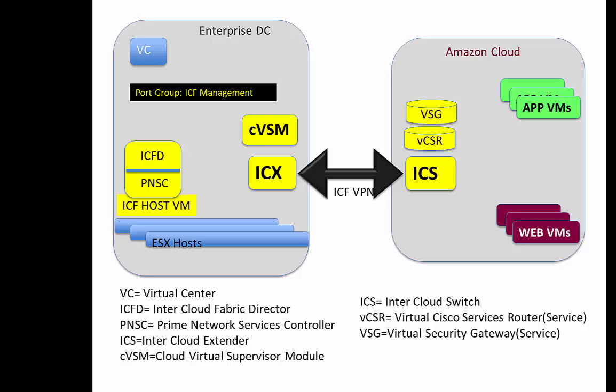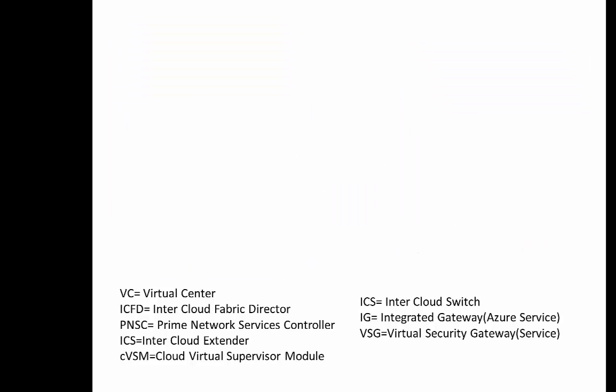For this to happen, we need a port group called ICF management, and another port group called trunk. On the trunk, you have to have promiscuous mode set to accept, and there are also some settings. I'll cover that, like if you're having two VNICs in a vSwitch or DVS environment, you have to do some settings there.